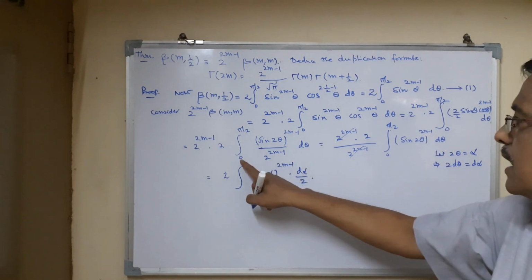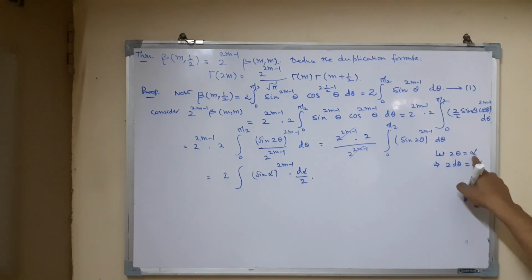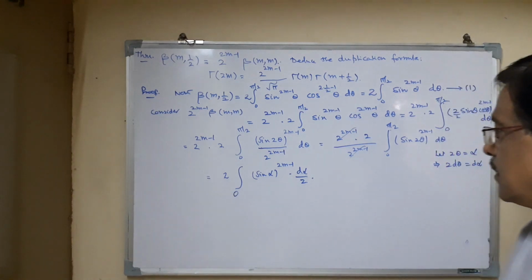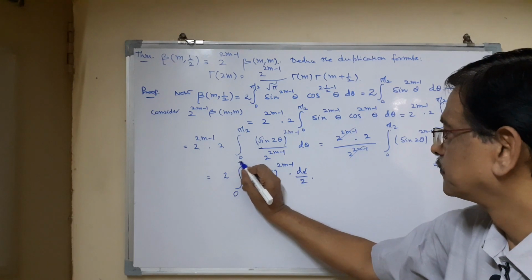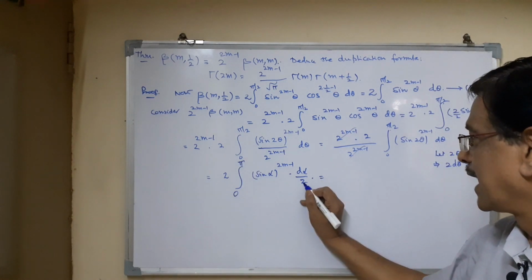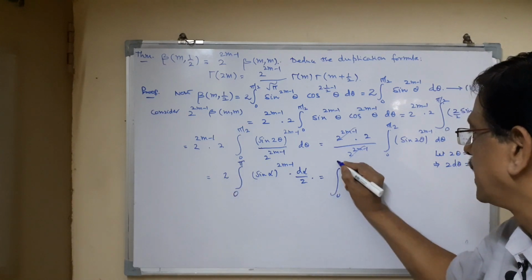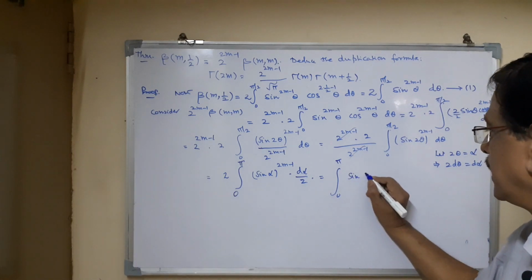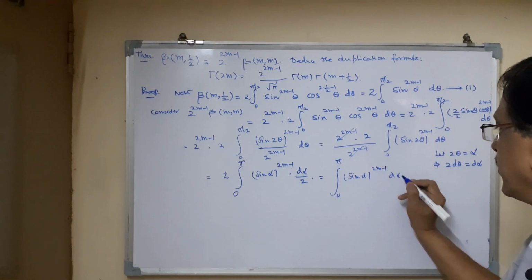The limits of theta are 0 to pi by 2. Now let us evaluate the limits of alpha. If theta is 0, alpha is 0. If theta is pi by 2, alpha is pi. So I can cancel these two and these two. So this is integral 0 to pi sine alpha power 2m minus 1 d alpha.